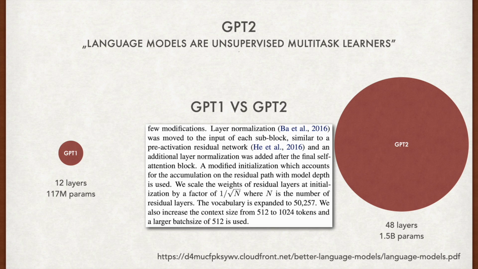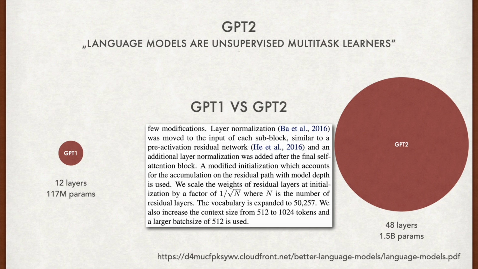Citing the original paper, layer normalization was moved to the input of each sub-block, similar to a pre-activation residual network, and an additional layer normalization was added after the final self-attention block. A modified initialization which accounts for the accumulation on the residual path with model depth is used. We scale the weights of residual layers, and the vocabulary has expanded to over 50,000 tokens.